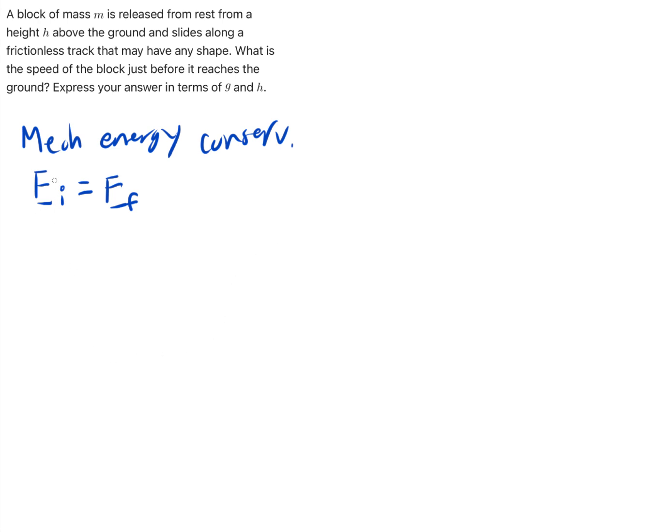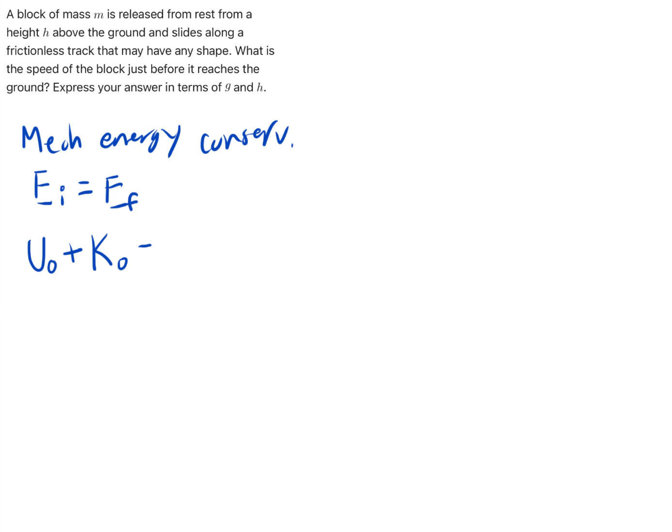And so both the initial and final total mechanical energies equal the sum of the kinetic and potential energies of this block. So initially we have the gravitational potential energy of the block plus the kinetic energy.